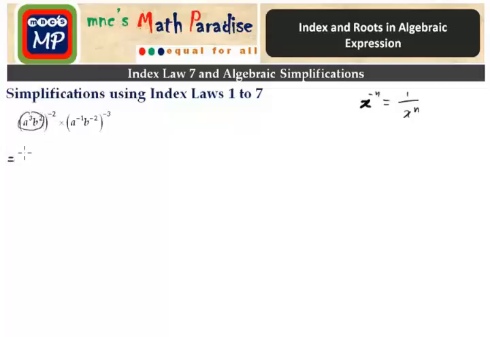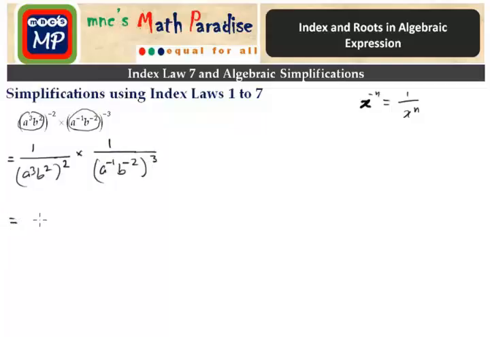So this is minus power 2, so it will be 1 upon a cube b square to the power, this minus power 2 will become plus power 2. Similarly, if we consider this as the base, then it will be 1 upon a to the power -1 b to the power -2 to the power 3.